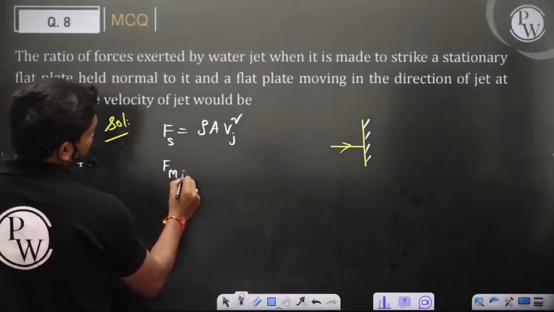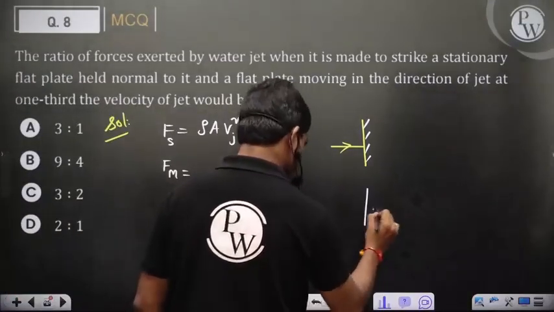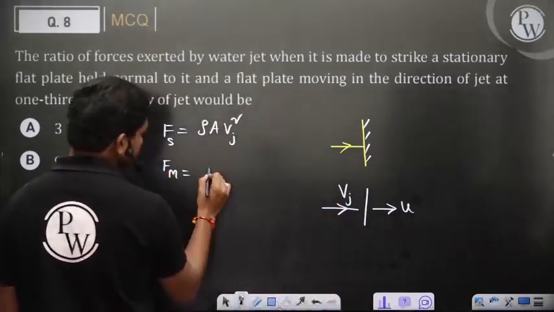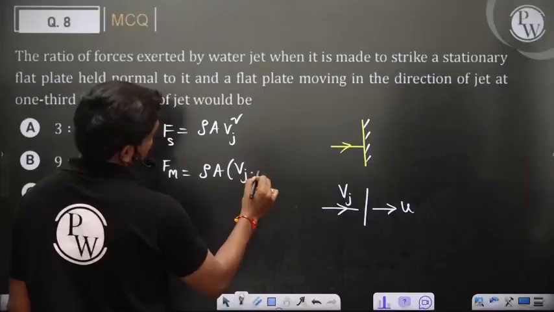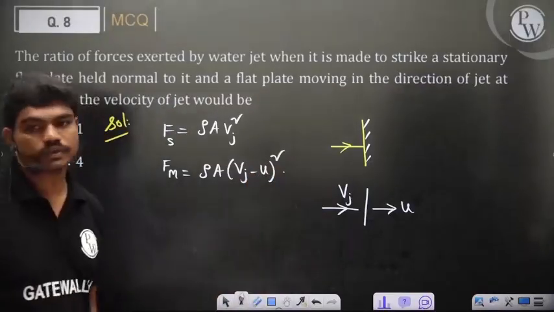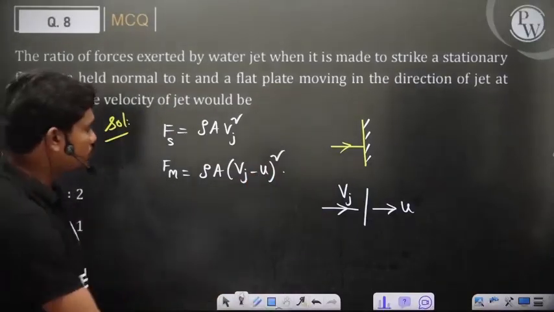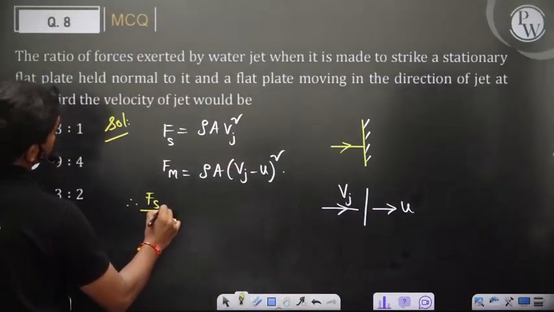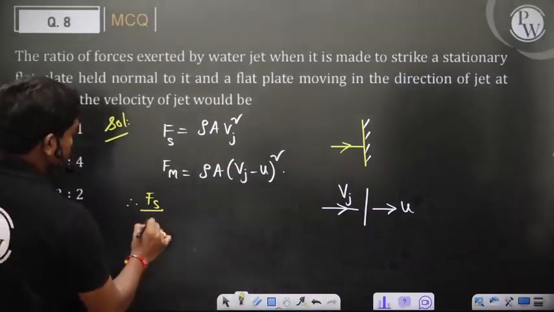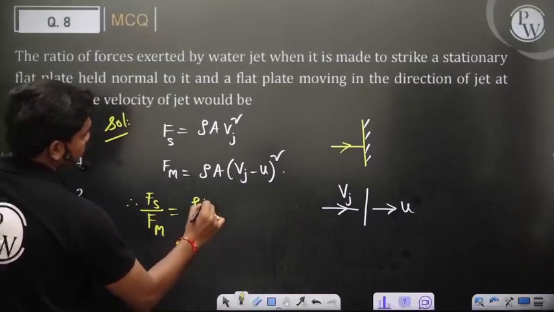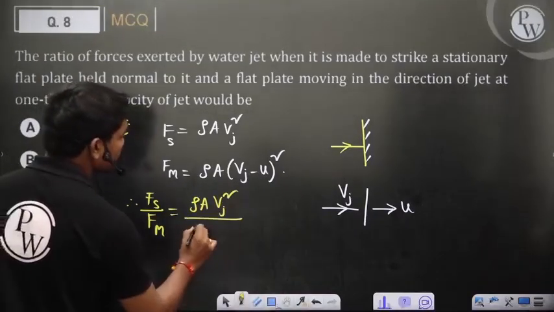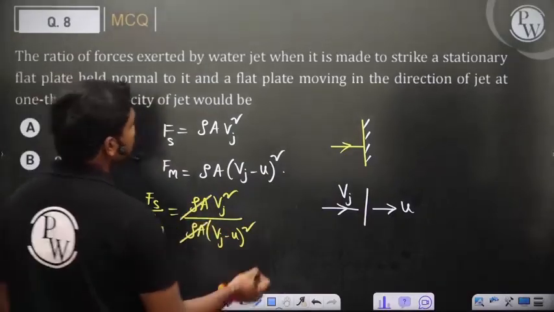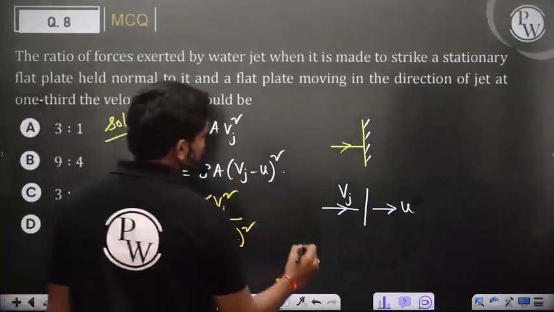When the plate is moving with velocity u, and the jet is flowing with Vj, the force is ρA (Vj minus u) square, correct? This is what you have. Then they are asking you the ratio, and u is given as 1/3 the velocity of the jet.